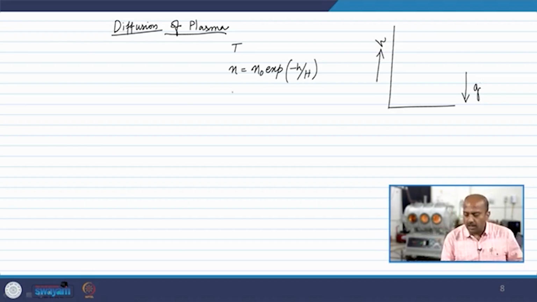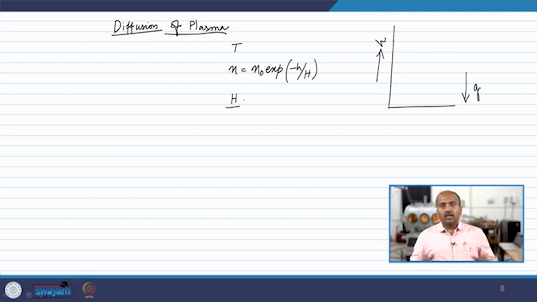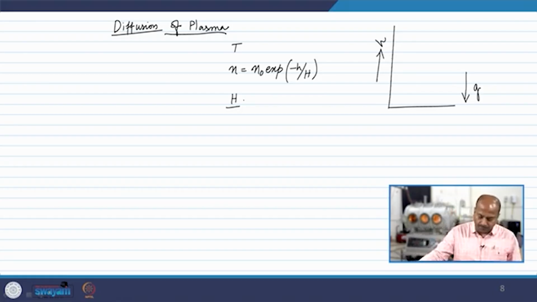Now, you see here capital H. What is capital H? Capital H is the scale height. It tells you by what decrement the number density changes over some distance. How much distance does it take for the number density to decay to 1 by e of its original value is what is given by the scale height.